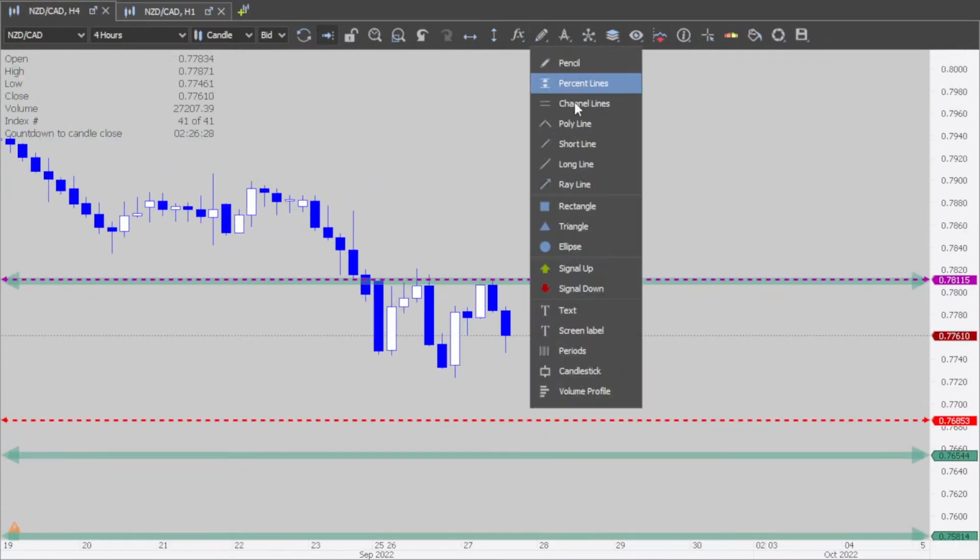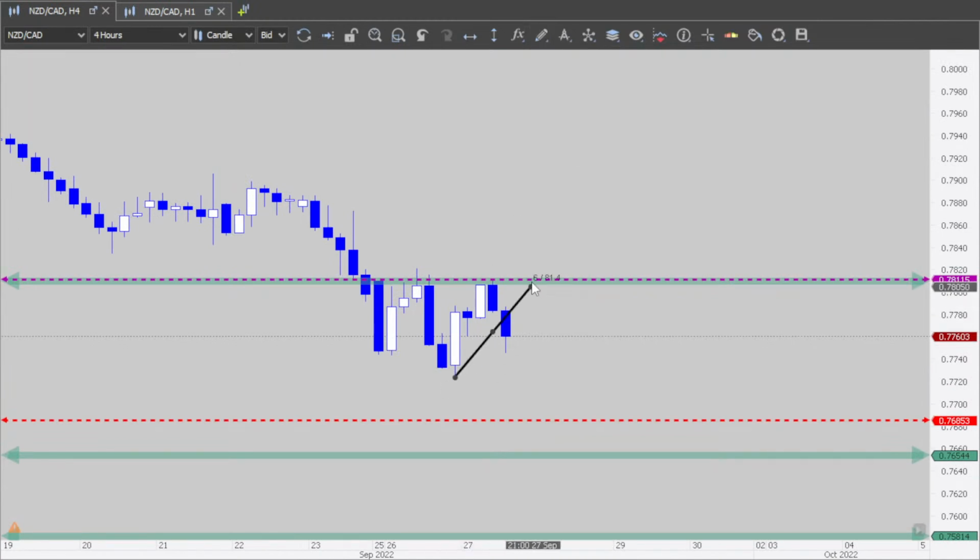From the 4-hour chart, we need to wait for this candle to close.